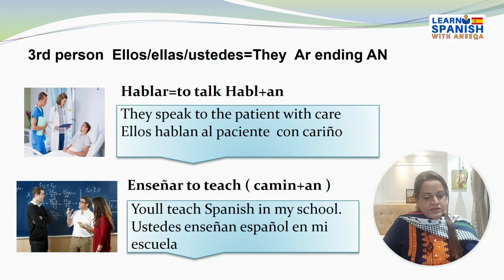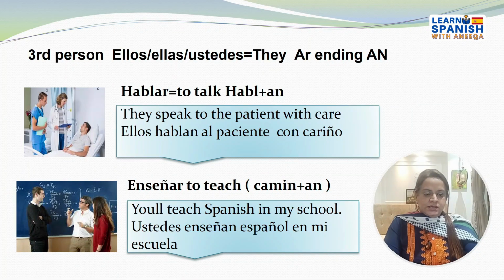If we want to say they speak to the patient with care, we will say ellos hablan, that is, remove the AR ending, add the AR ending for the third person plural, that is an, to the stem of hablar and say hablan al paciente con cariño.